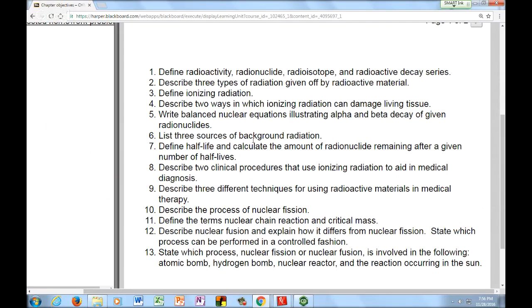All right, so there's not a whole lot here. Definitions is not really important, we haven't really seen it much on the exams. I wouldn't worry too much about that. Types of radiation, ionizing radiation, sure. Nuclear equations will be the big part of that. So if it's alpha or beta decay, how do you draw that equation?